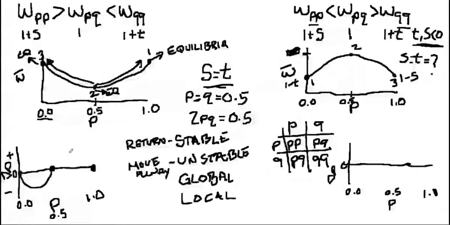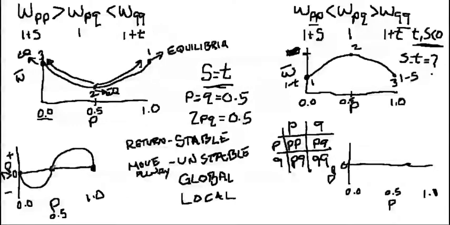Now you can probably figure out what the next side of the graph is going to look like, because if I'm anywhere to the right of p equals 0.5, or as long as my A1 allele is greater than 0.5, selection is going to drive it towards the fixation of the p allele. That means my p is going to be getting higher and higher, therefore the change in p has to be positive all the time.